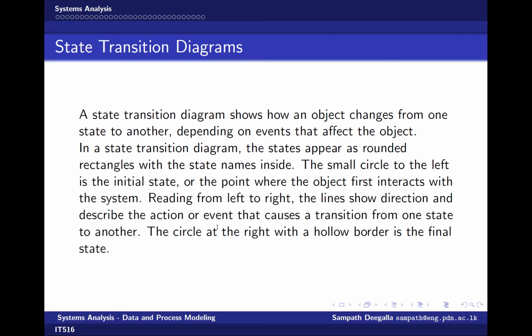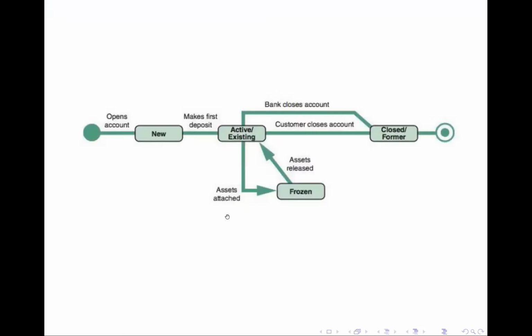In these, we represent what we call the status, and usually you have rounded rectangles with the state name, right? And then we use a small circle to mark the start, the initialization of the state, and it points towards these objects. Usually when you read from left to right, the line direction describes the action or event that goes from one state to another. Right, let me show you an example of this one.